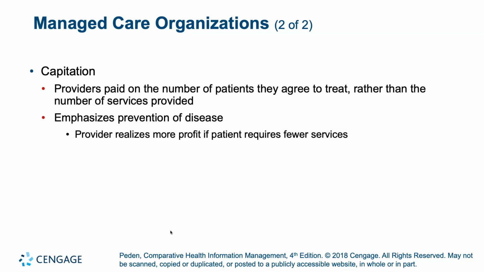So it incentivizes providers to have a lot of patients that they agree to treat, but limit the number of services they provide, and perhaps work with patients to take care of themselves at home so that they're not coming into the office, they're not coming into the ED, that type of situation.